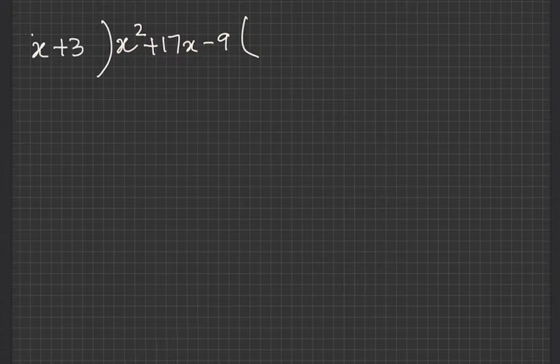I give you some time to try. I have x squared plus 17x minus 9, and it is divided by x plus 3. Can you try it?